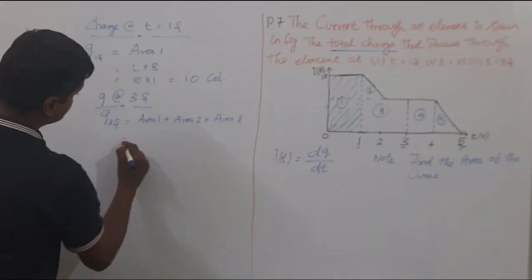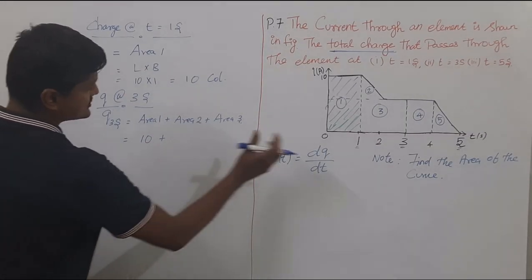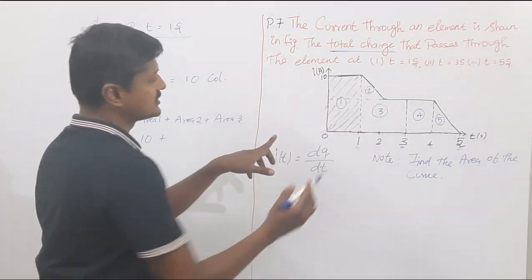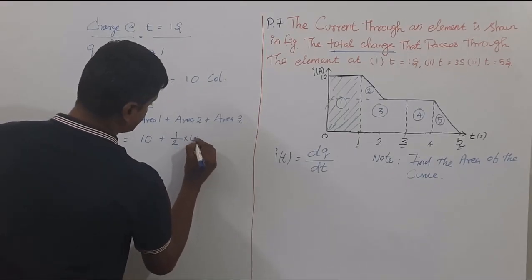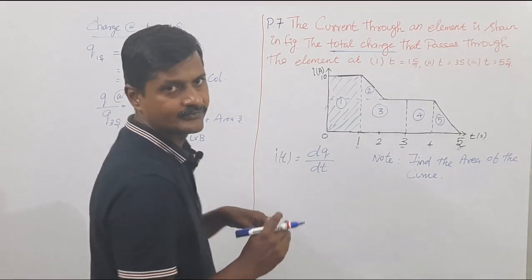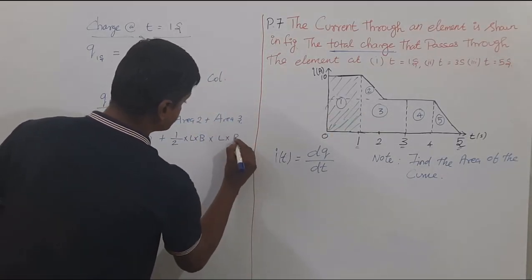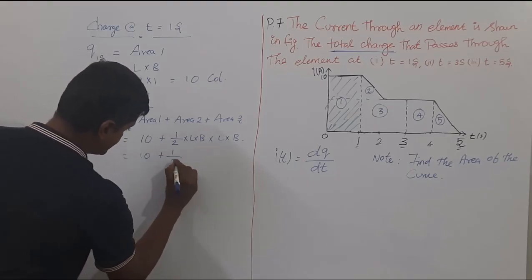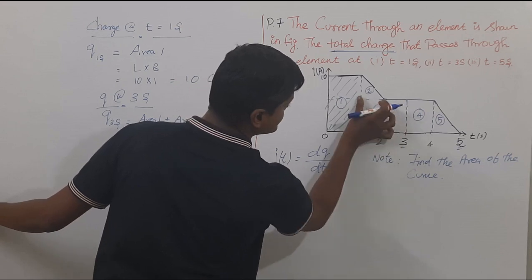So what is the area of 1? We can directly write the area of this as 10. The second, area of 2, is a triangle. So for the triangle, half into length into breadth. Then this is the area, length into breadth. So that is 10 plus half into this value.